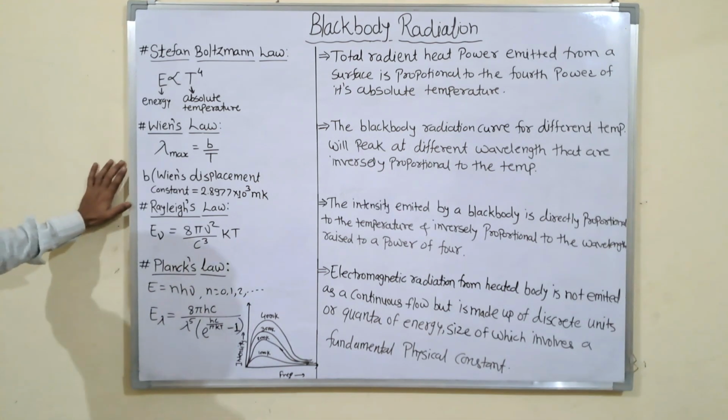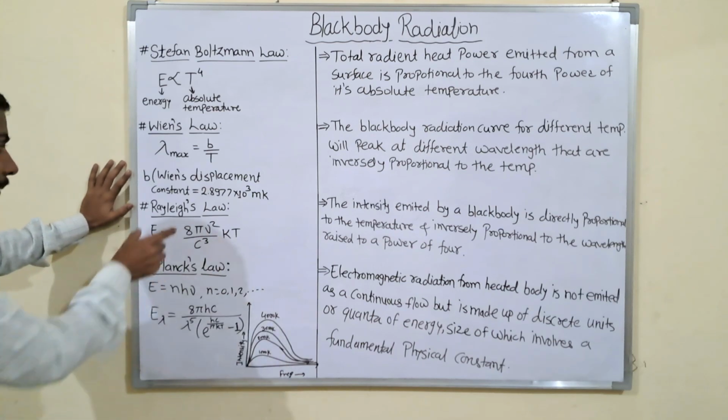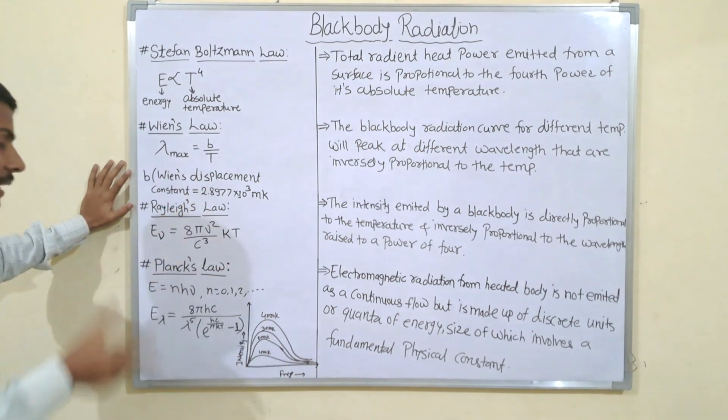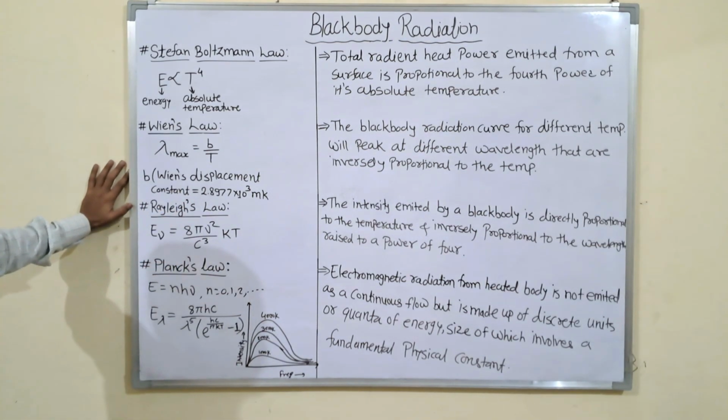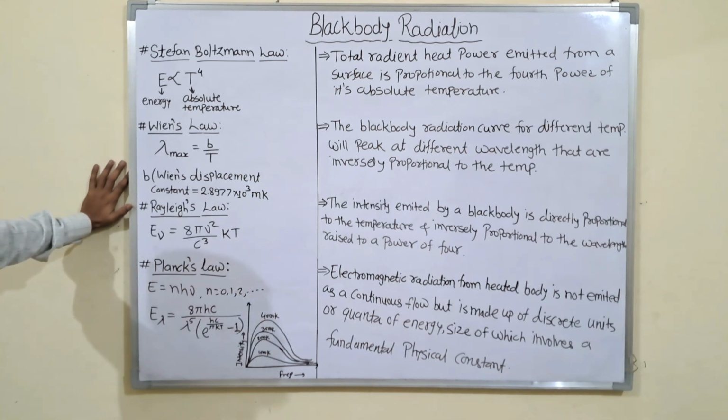Now the third law is the Rayleigh-Jeans law, and it gives E nu is equal to 8 pi nu square by c cube into kT, and it states that the intensity emitted by a black body is directly proportional to the temperature and inversely proportional to the wavelength raised to the power of 4.